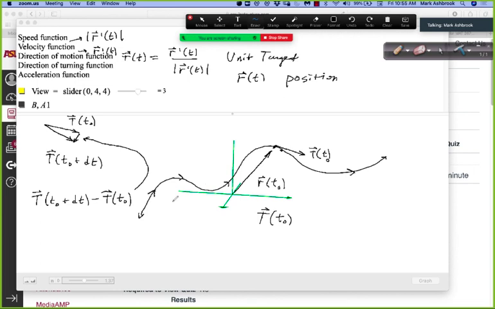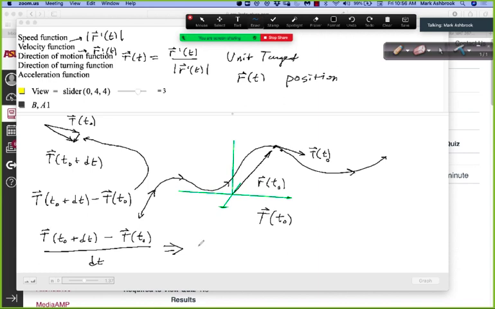Okay? And so if I took that difference and divided by how much time went by, so the change in my vector per change in time, what is that really representing for a small change in time?